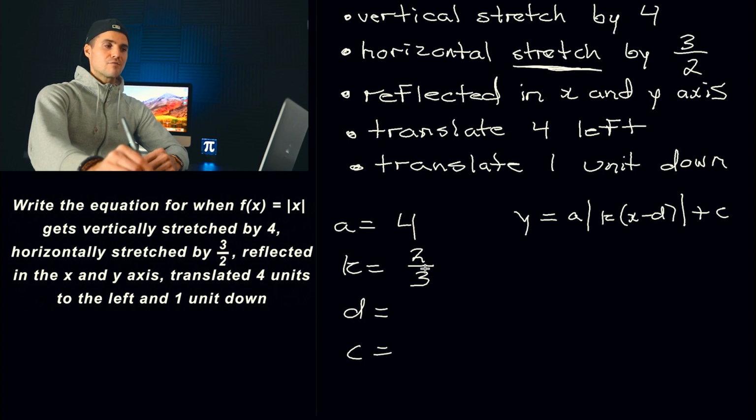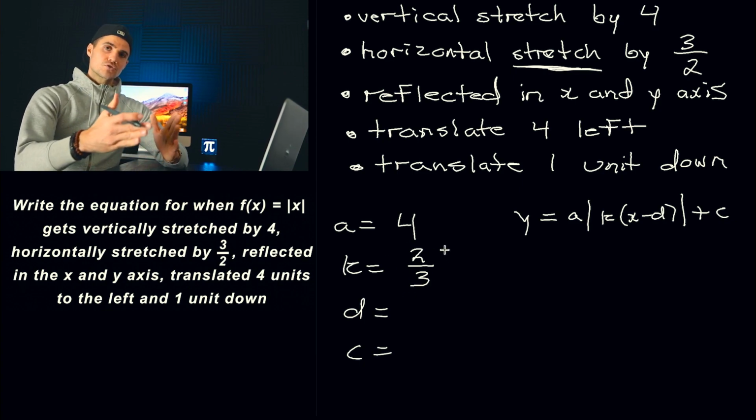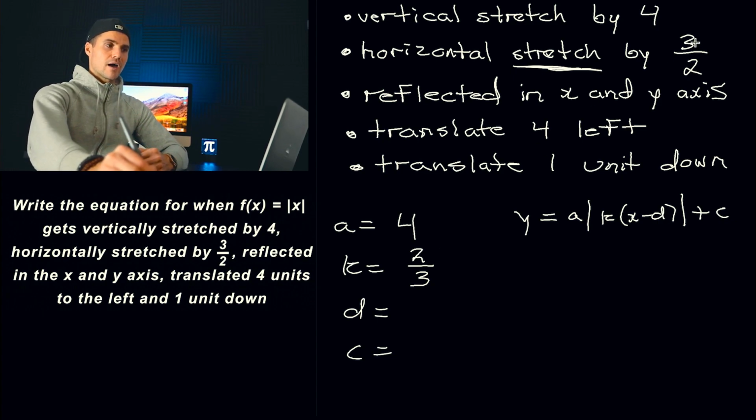Whenever you have a k value and you're making a description of that transformation, you have to say horizontal stretch or compression by the reciprocal of the k value. So now we're just going backwards, taking that reciprocal and finding the original k value. Right, so the k value is going to be 2/3.